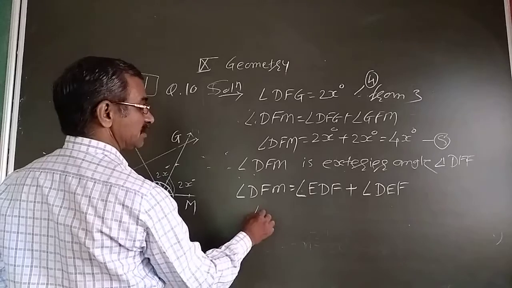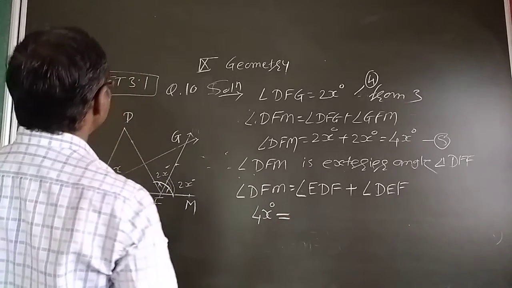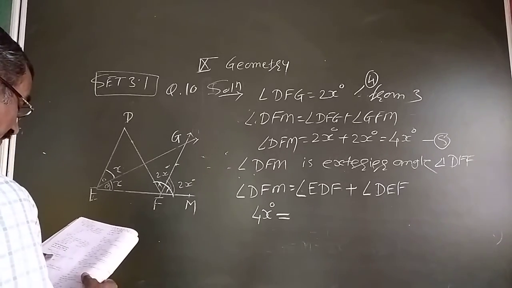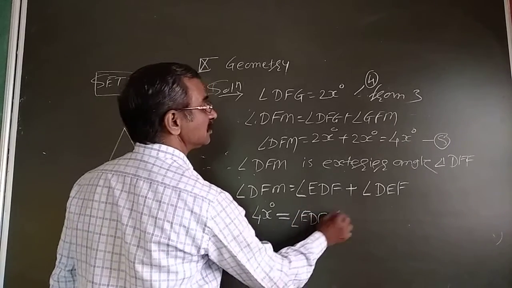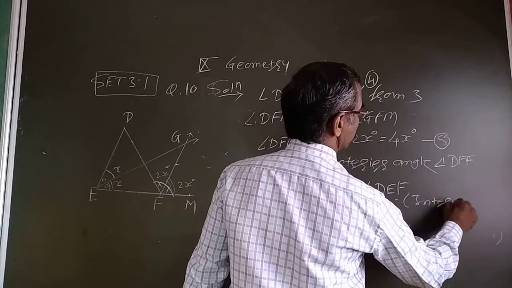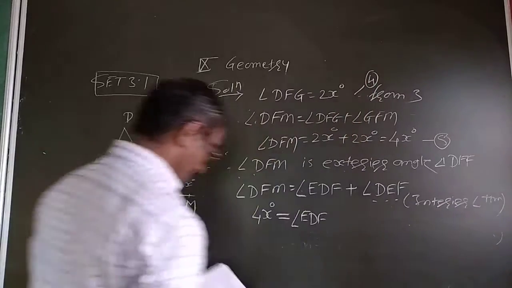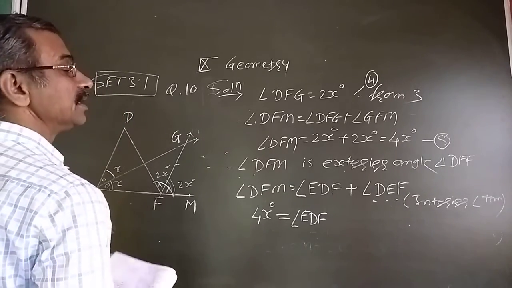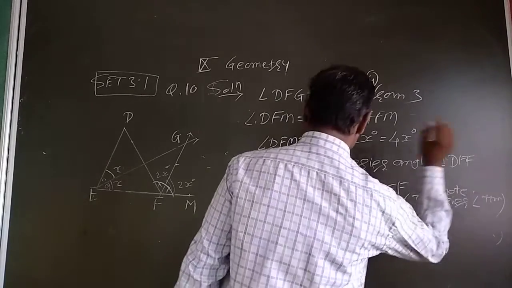So by taking that information, we found DFM as 4x degree. So we are putting this value, 4x degree is equal to angle EDF plus angle DEF. We do not know the angle EDF. What is the reason? Remote interior angle theorem.